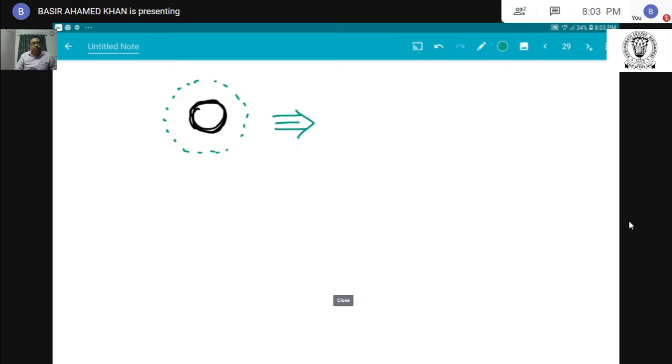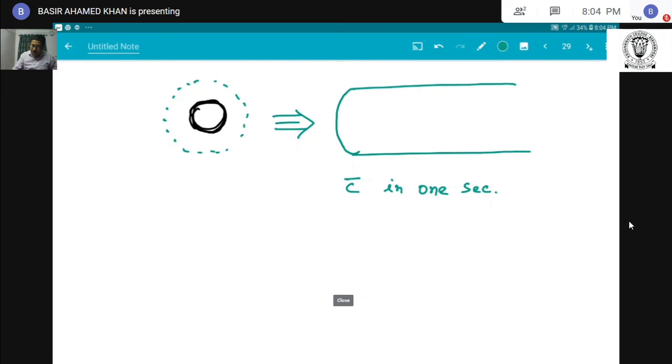That means this moving molecule produces a cylinder of length c bar in 1 second, as the velocity of the molecule is c bar.